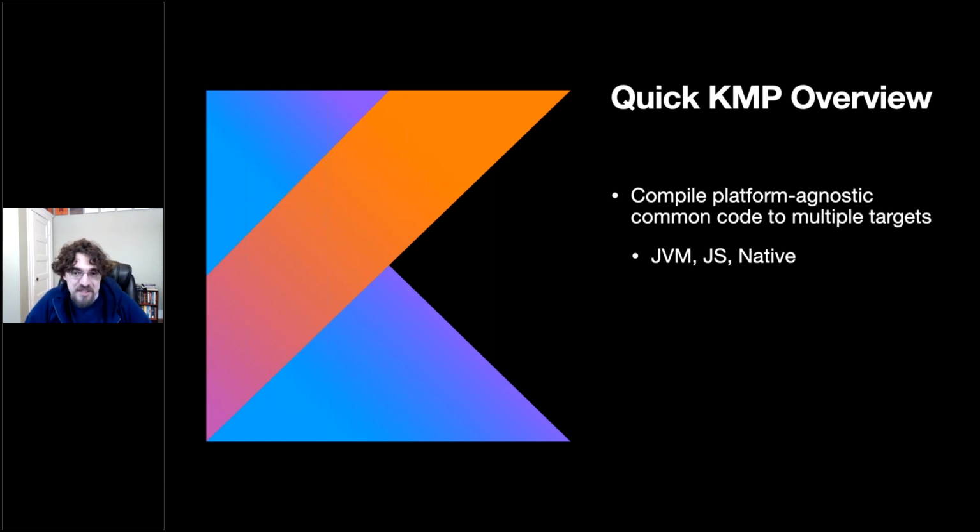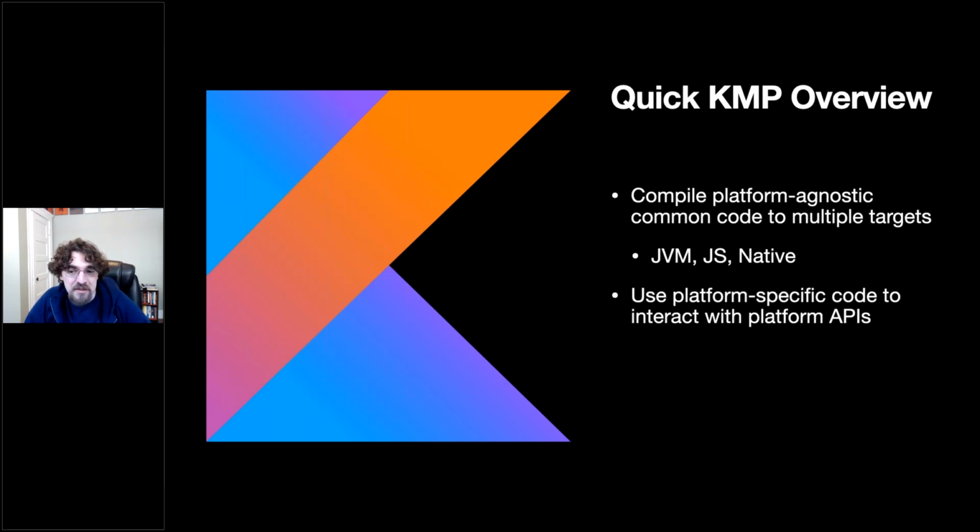That might be JVM, which is Android or server-side Java, JavaScript, which might be browser or Node, or native, which might be desktop native, embedded, or iOS. Then you can use platform-specific code to talk to the APIs of those individual platforms. We're all very used to the smooth JVM interop that Kotlin has on the Java and Android side, and you have similar interop with the platform APIs of whichever other platform you're running on from your platform code.